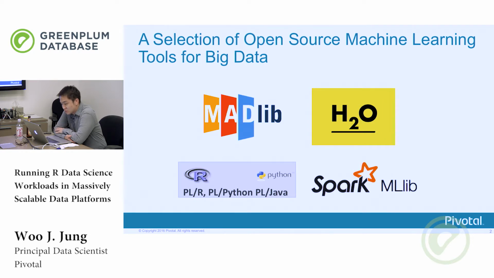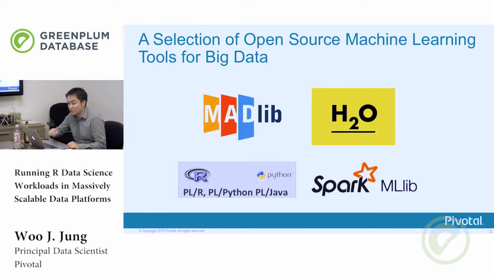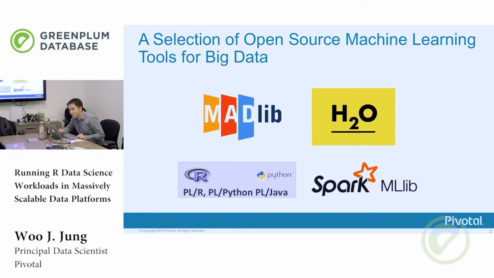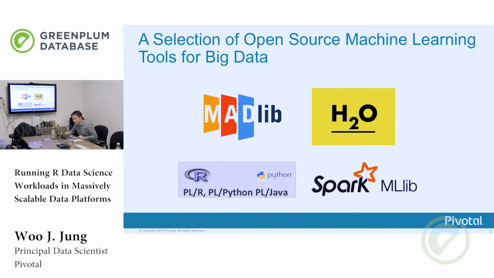We also have H2O and Spark MLlib listed here. And then finally, we have a section for procedural language extensions to R, Python, and Java in the lower left-hand corner. That's actually what we're going to focus on for today's session. We're going to go into a lot of detail on procedural language R and how it can be parallelized on MPP platforms.